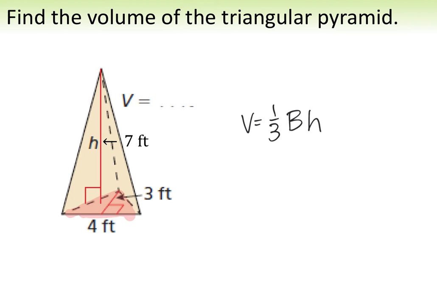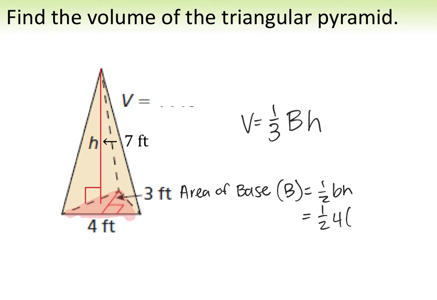Because the area of a triangle, we'll put it in parentheses, capital B, is 1/2 base times height, which is 1/2. Your base is 4 units, and your height is 3 units. So if we multiply that out, we should get that the area of our base is how many units? 6 feet squared.